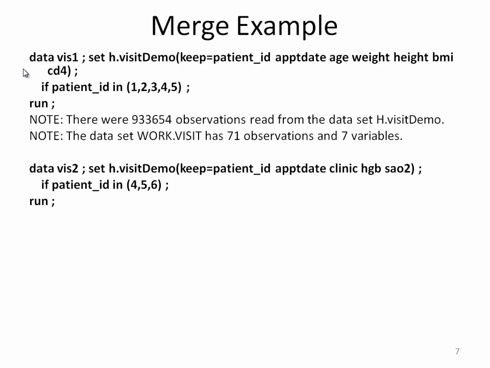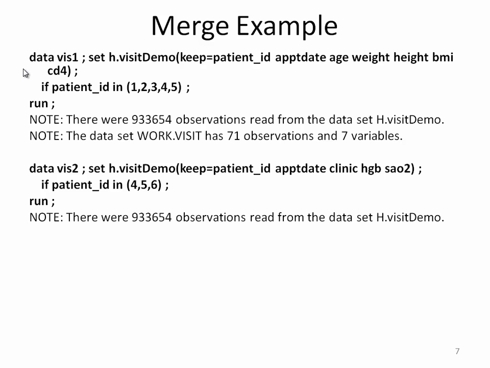Okay? Does everybody kind of get a picture in their head of what's going on so far? So when I do that, I'm still extracting the data from the same administration data set. So the original data set has 943,000 observations plus.